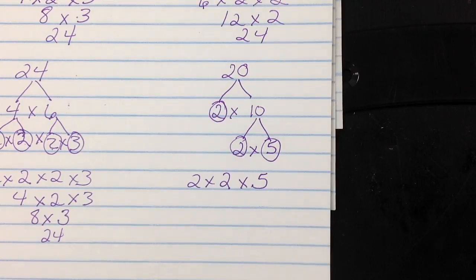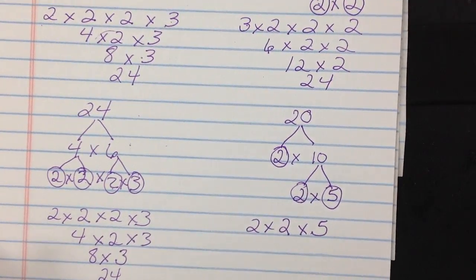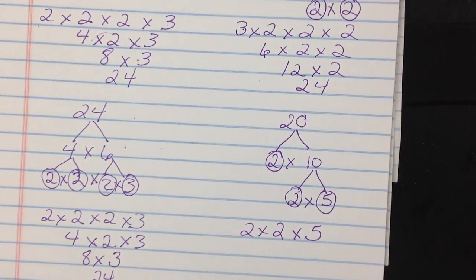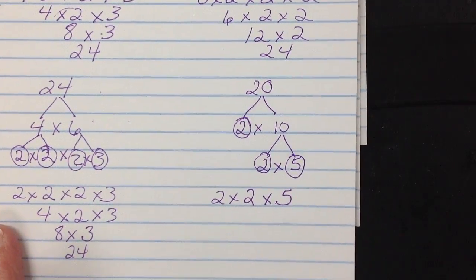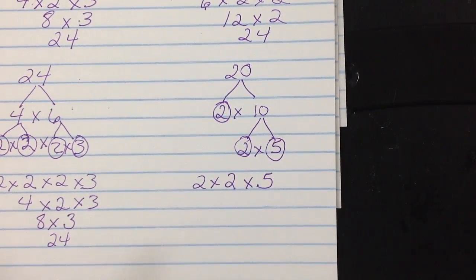Now, why am I learning all this? Well, our whole goal, as I told you from the very beginning when we started factoring, is that when we do fractions, you're going to have to simplify every single fraction. You're going to have to put it in its lowest terms for the rest of your life, pretty much, or you'll get it wrong.